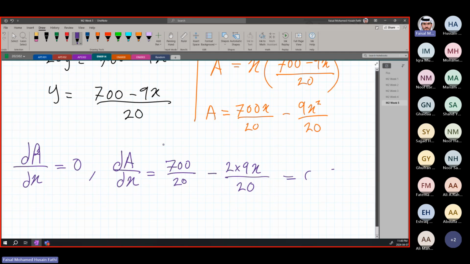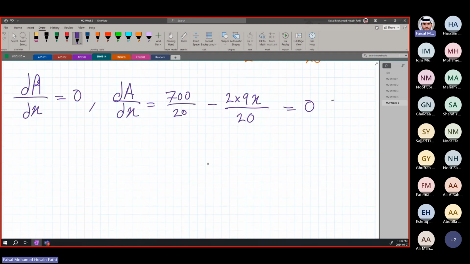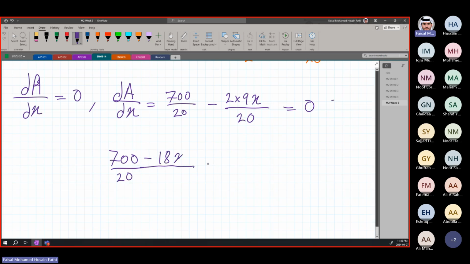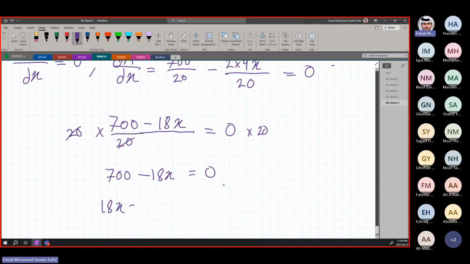And this all has to be equal to 0. For 700 over 20, this is all over 20, so I could just write it all together. Minus 18x is equal to 0. We could just multiply both sides by 20 to cancel the 20 at the bottom. So this will cancel. 700 minus 18x is equal to 0. 18x is equal to 700. x is equal to 700 over 18.